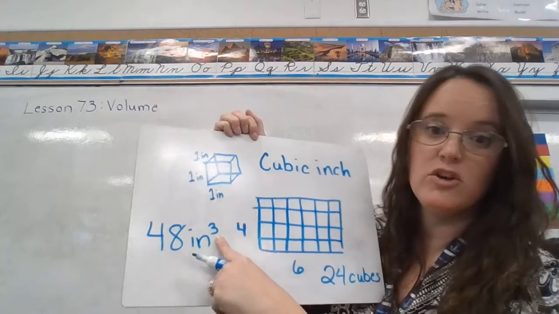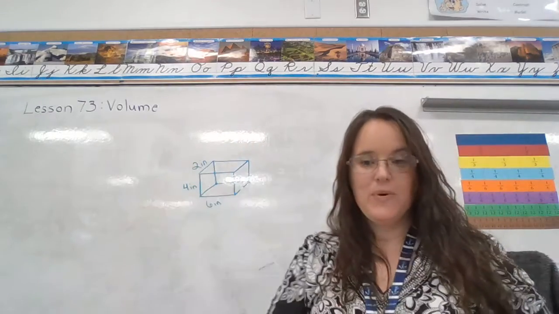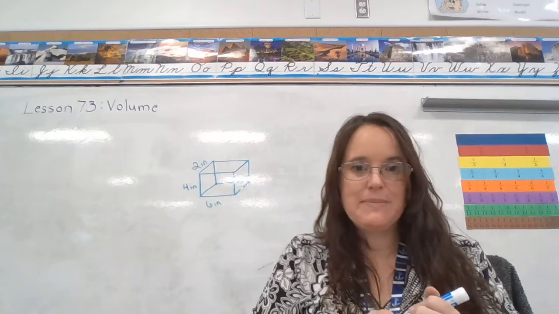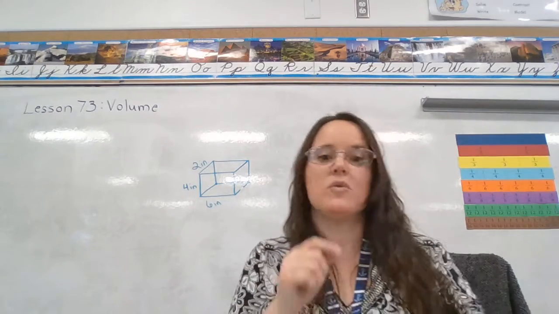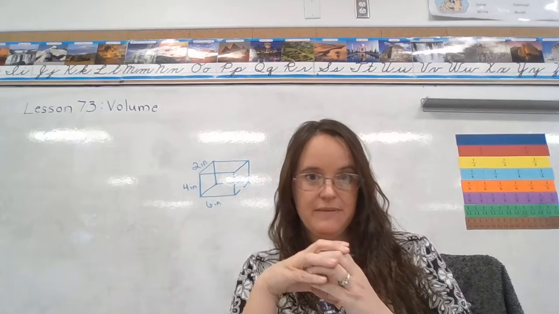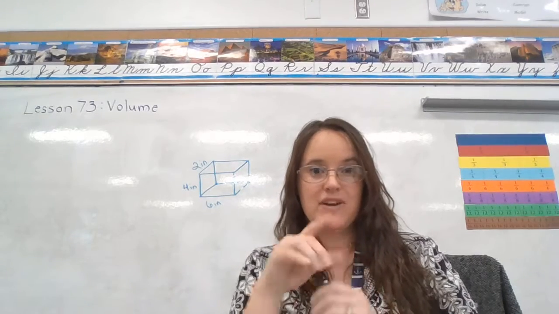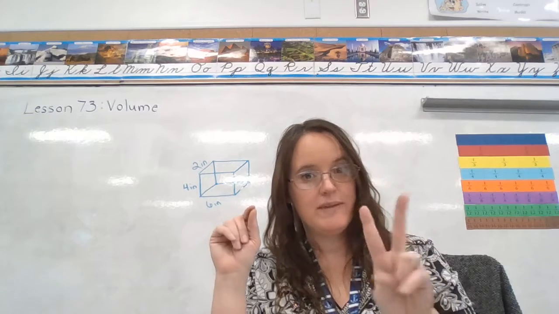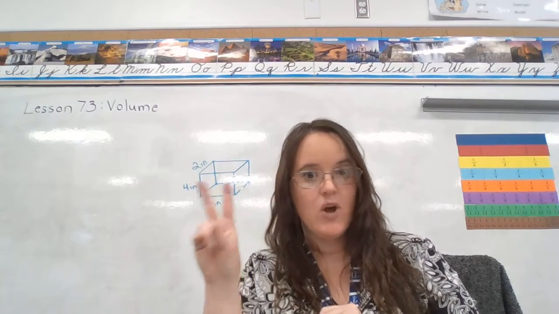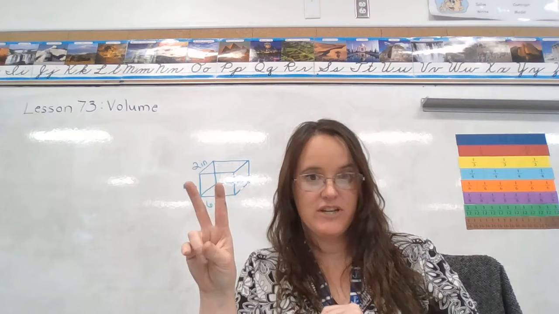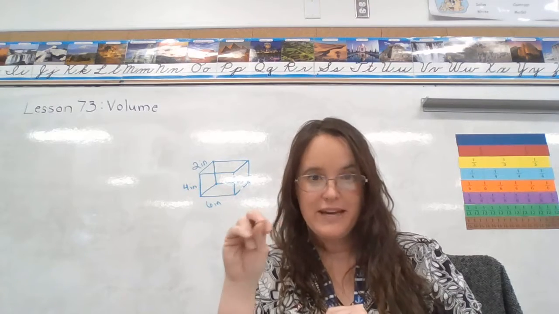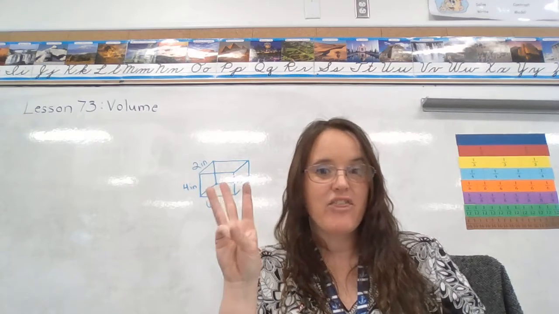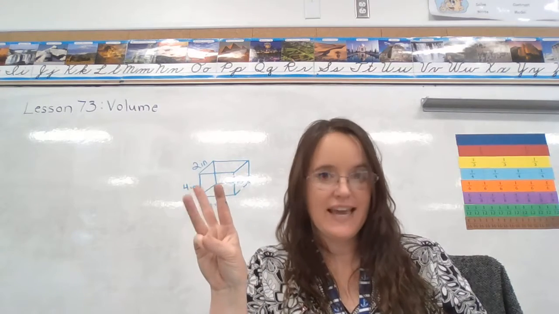The 3 means cubed. The reason we call it squared and cubed is because that's how many dimensions we're dealing with. When we square something, we're talking about measuring the length and the width. That's 2 dimensions. Length is 1 dimension, width is a 2nd dimension. When we cube it, when we figure out volume instead of area, we're adding a 3rd dimension called height.